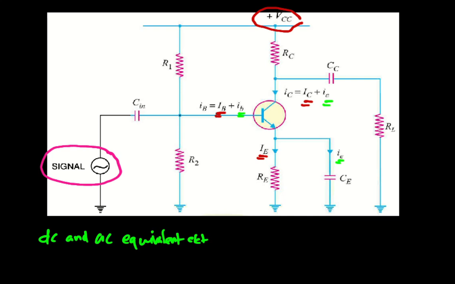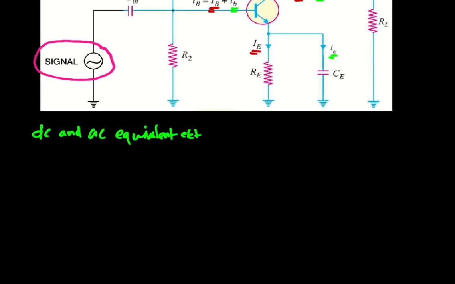So we have to remove this AC source, and also we know that a capacitor always blocks DC and passes AC. So during the DC conditions we will open up all the capacitors.